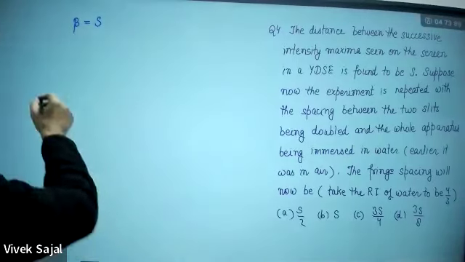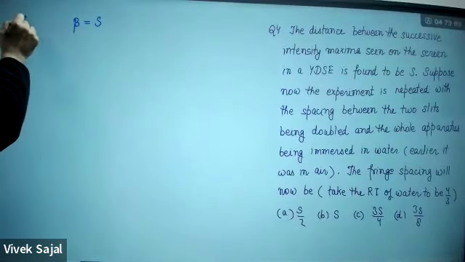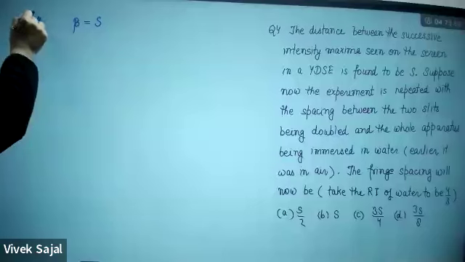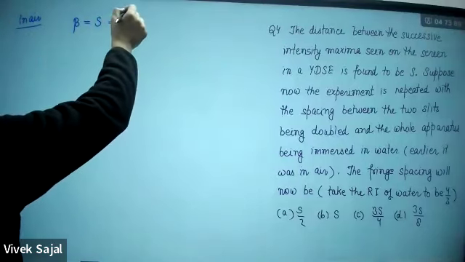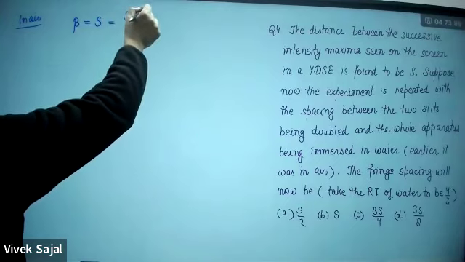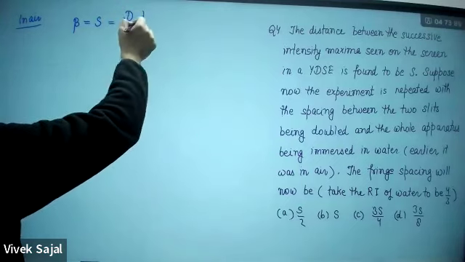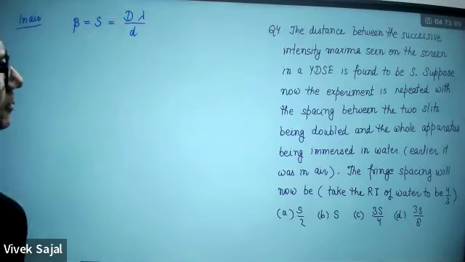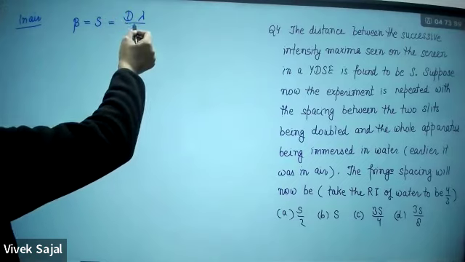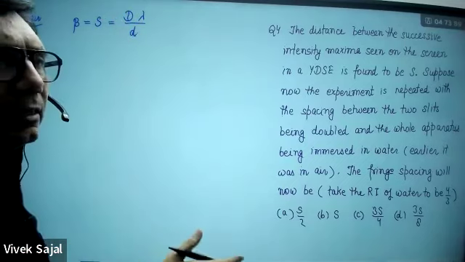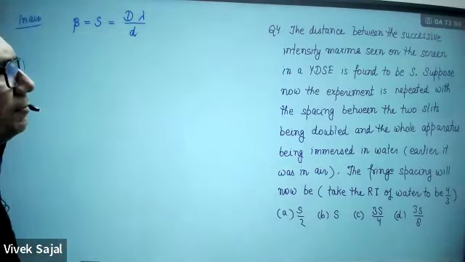So try to understand. In air, beta is S, and this is equal to capital D lambda upon small d. In air, this was the situation. Small d is the separation between the two slits, capital D is the separation between the slit plane and the screen, and lambda is the wavelength.